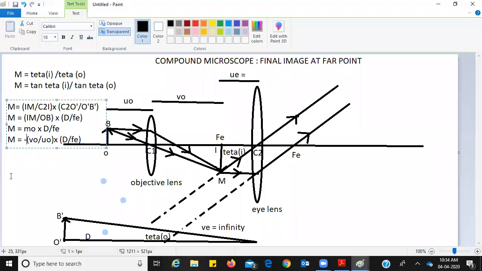Then you can do the approximation: L is approximately equal to V O, and U is approximately equal to F O. So the result will come as L by F O into D by F E. Don't use it for any calculation.